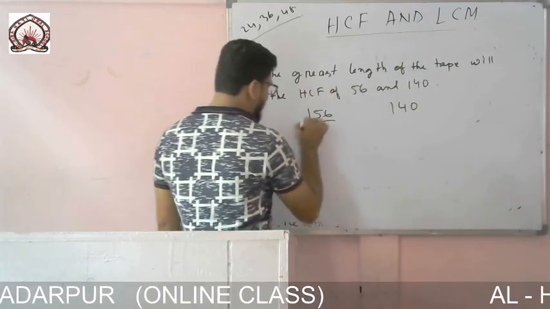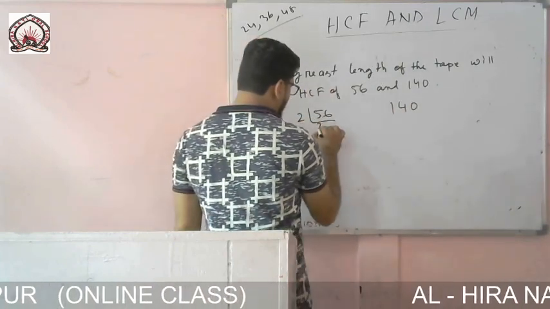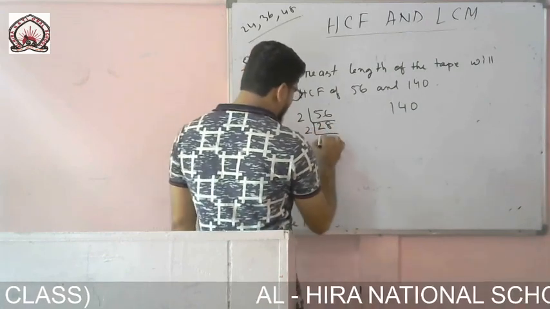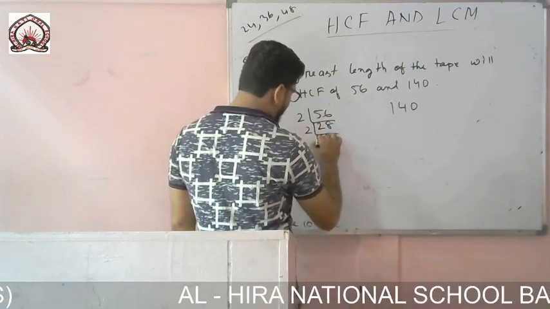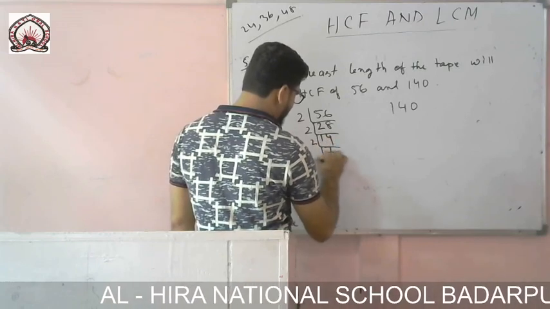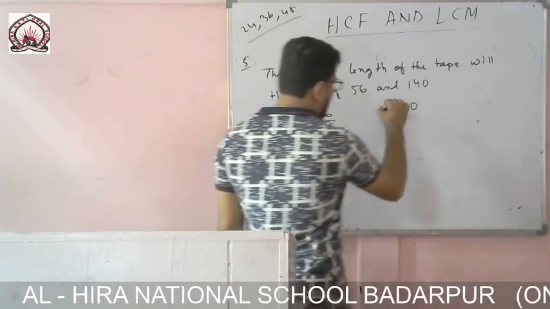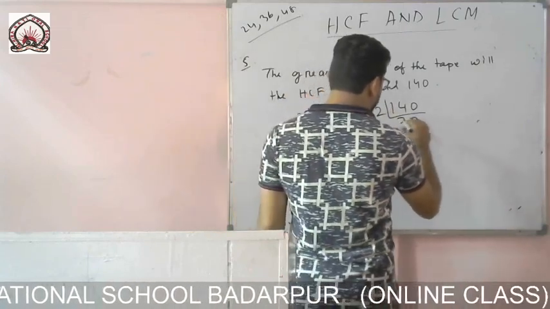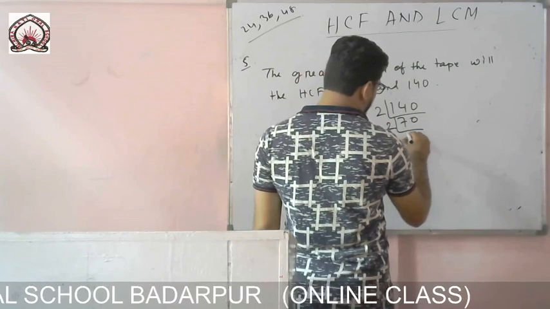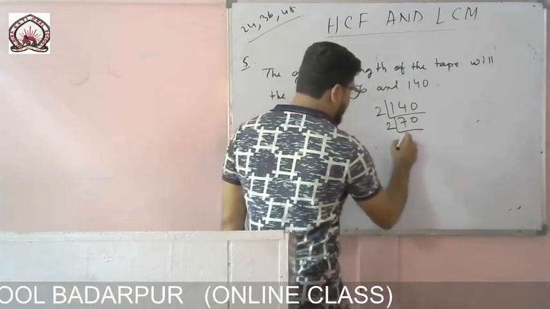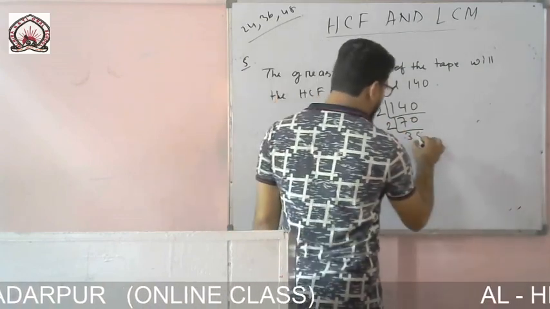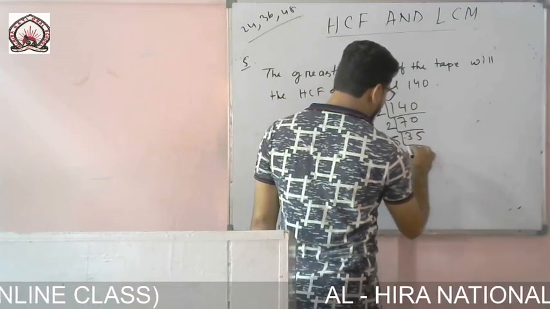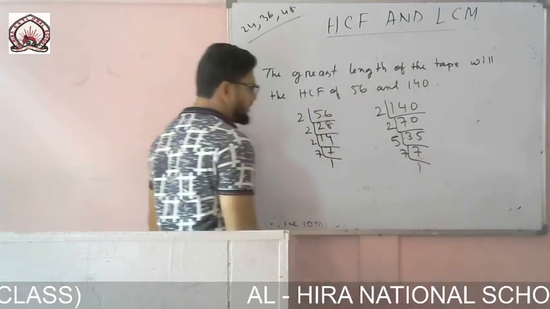So for 56: 2 2s are 4, 2 4s are 8... 2 2s are 4, 2 7s are 14, 7 1s are 7. And for 140: 2 7s are 14, 2 5s are 10... 5 7s are 35, 7 1s are 7.